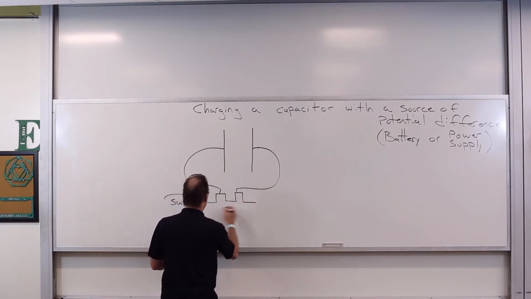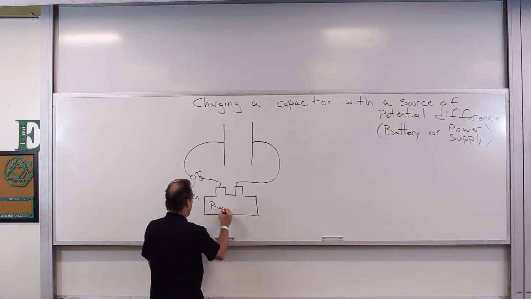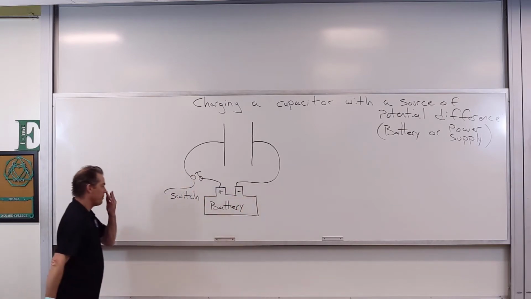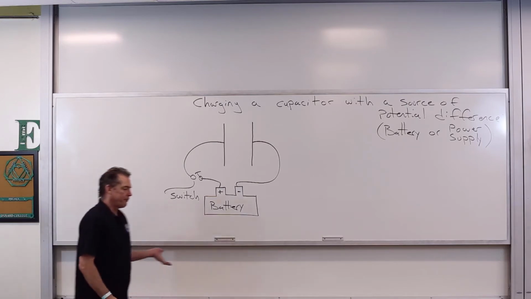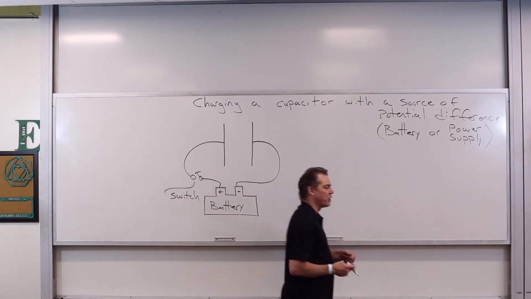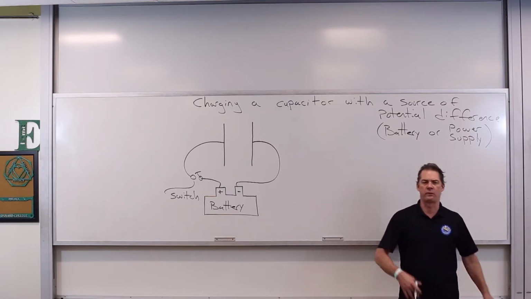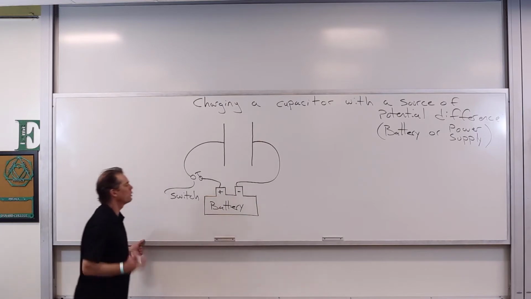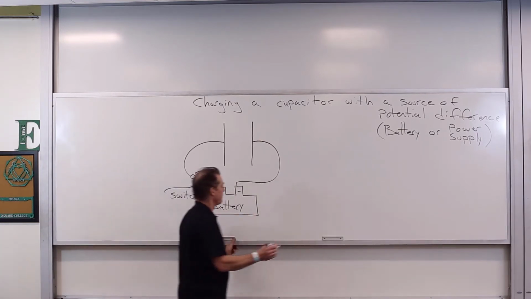We'll extend it out a little bit so I can write battery on it. That's the plus terminal, that's the minus terminal of the battery. And we note that the battery is generally denoted to have some sort of voltage: 1.5 volts, 6 volts, 12 volts, 24 volts, some number of volts. And that voltage is the potential difference across the terminals of the battery.